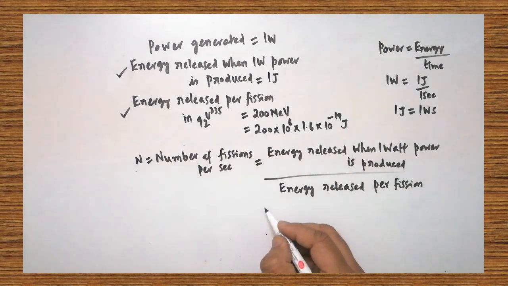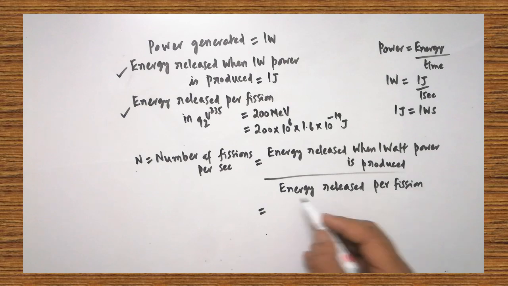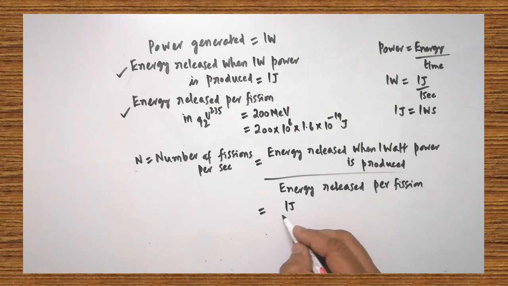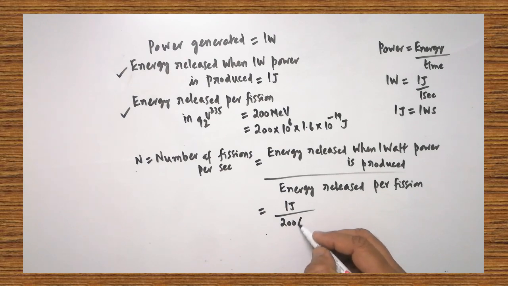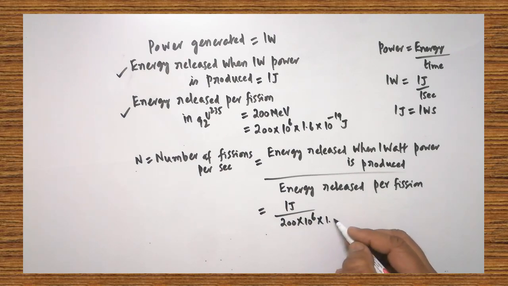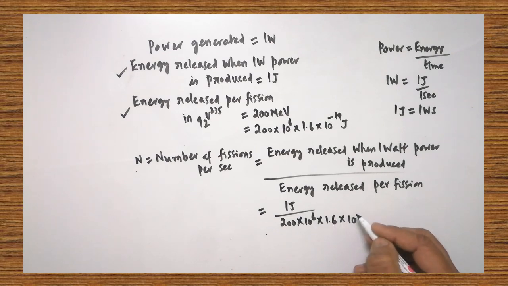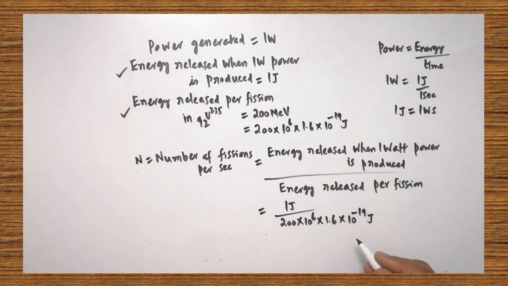Now in the next step, energy released when 1 watt power is produced is how much? 1 joule, whole divided by this factor, 200 into 10 to the power of 6 into 1.6 into 10 to the power of minus 19. All the factors are substituted. This is also in joule. Joule can be cancelled.